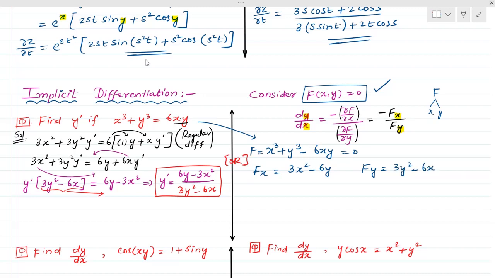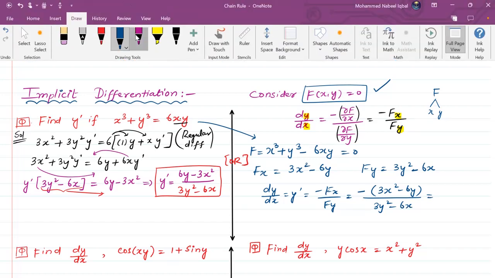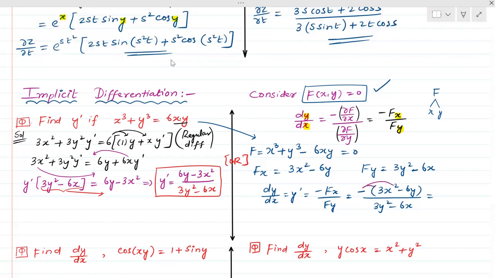Now just substitute in the rule. What is dy over dx? y prime, which is minus fx over fy. What is fx? Minus of 3x square minus 6y over 3y square minus 6x. If you multiply this minus inside, you will get the same answer.